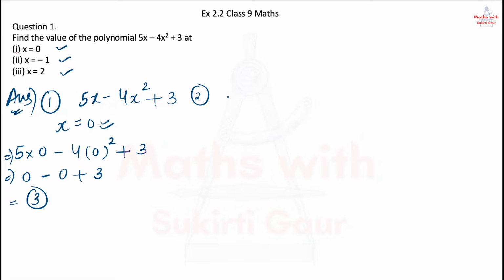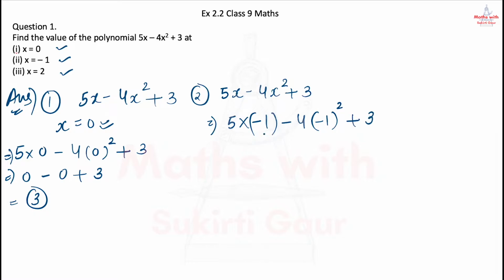In the second part, we are going to put x equals to minus 1. Again, write the polynomial in your notebook. Then start putting the value x equals to minus 1. 5 into minus 1, put that in a bracket, minus 4 into minus 1 square, plus 3. 5 into minus 1 will give us minus 5. Minus 4 into minus 1 square: minus 1 into minus 1 is plus 1.